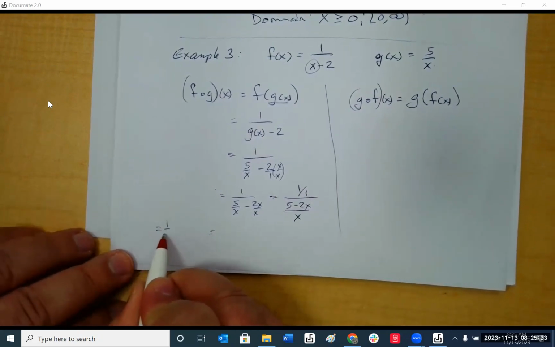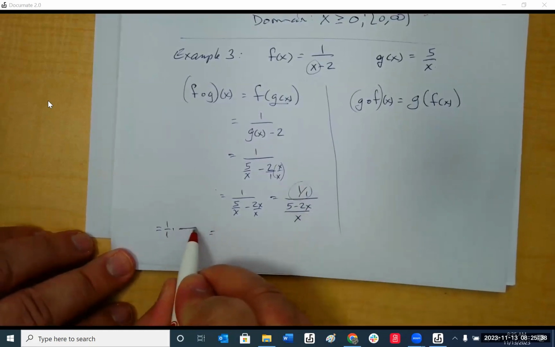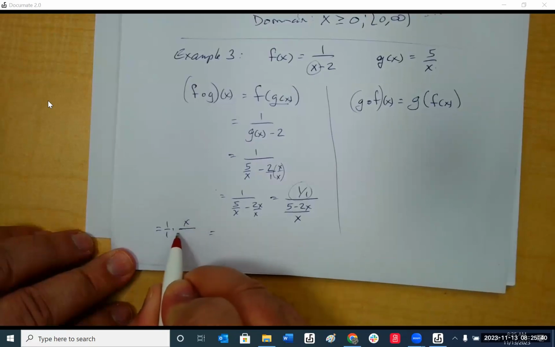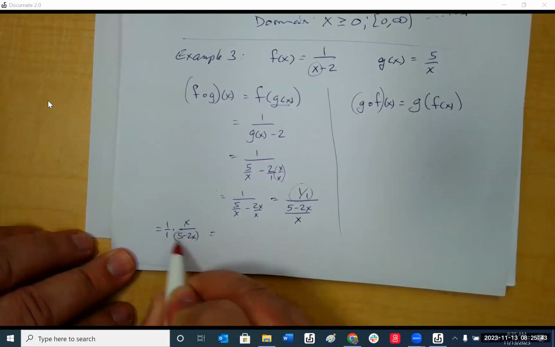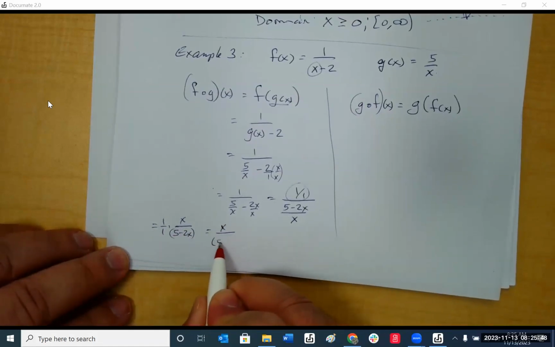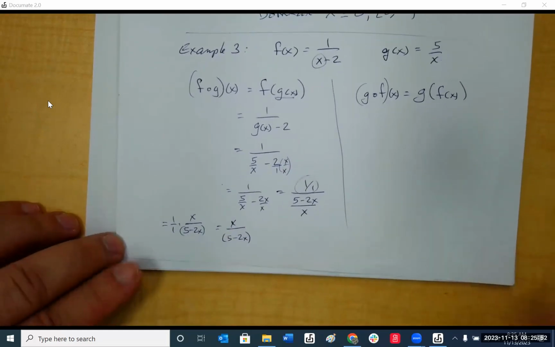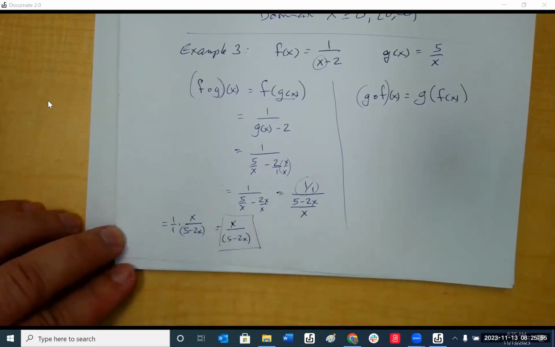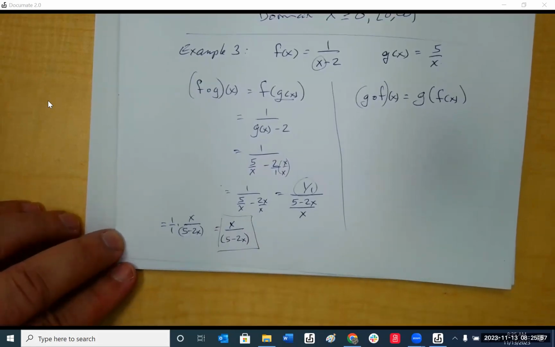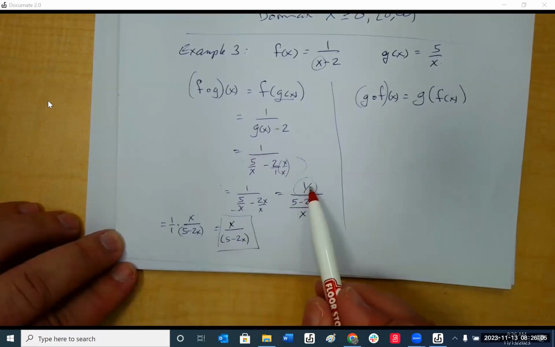So with these, take the top fraction, leave it alone, and multiply by the flip of the bottom. And multiply those together. And there's our equation. I just plug it in there, simplify. Fraction over fraction, take the top, leave it alone, flip the bottom.